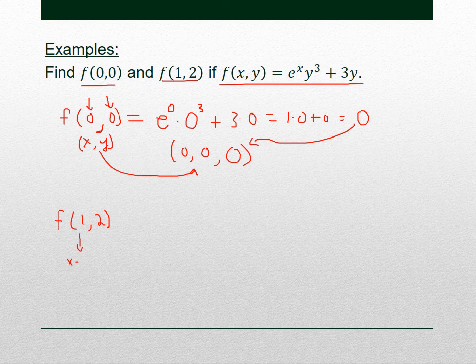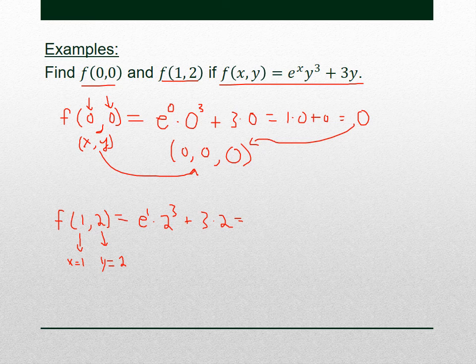So for f of 1, 2, the first guy is the x, so x equals 1, and the second guy is the y, so y equals 2. Okay, so we're plugging in x equals 1 and y equals 2.